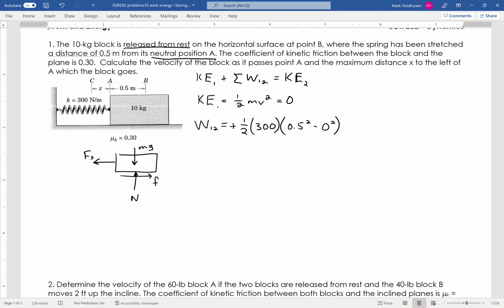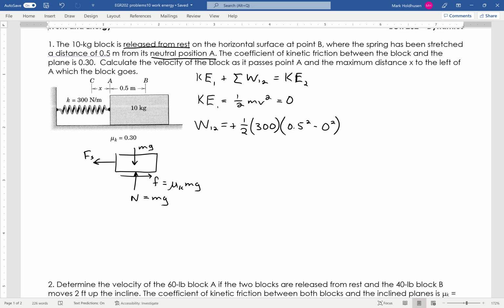Now friction, which is mu k times the normal force. The normal force equals the weight, by summing the forces in the y direction. Hopefully that's pretty straightforward. So my friction force is mu k mg, and that is in the horizontal direction.